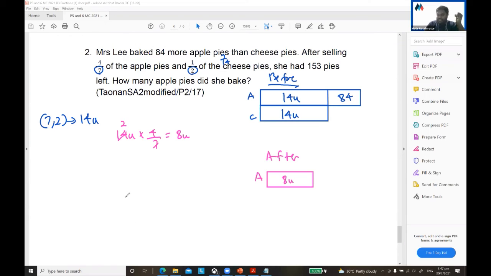The 84 also must times with 4/7. So what's 84 times 4/7? Okay, very good. 48, correct.